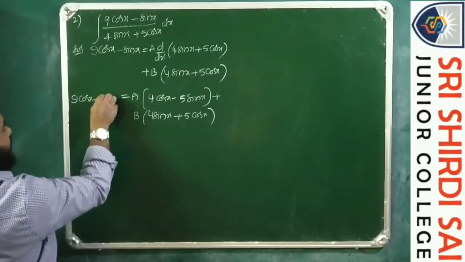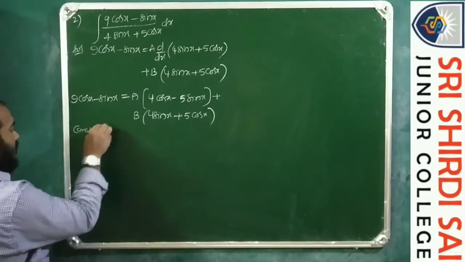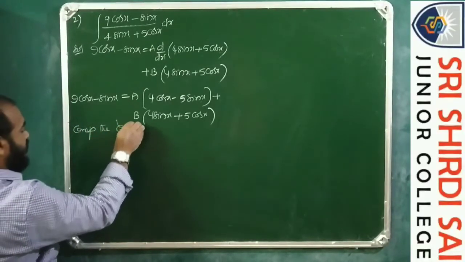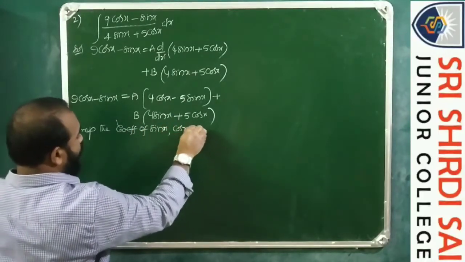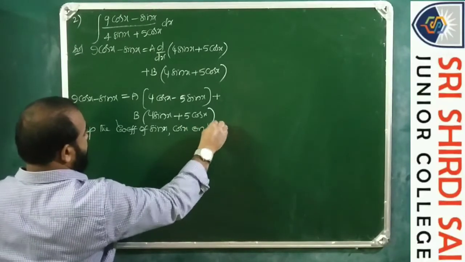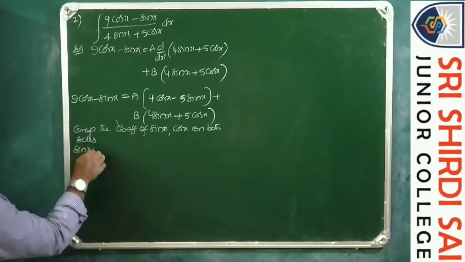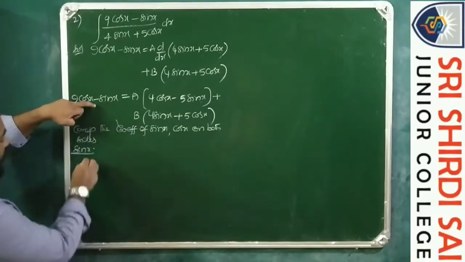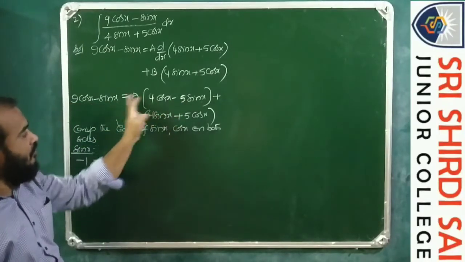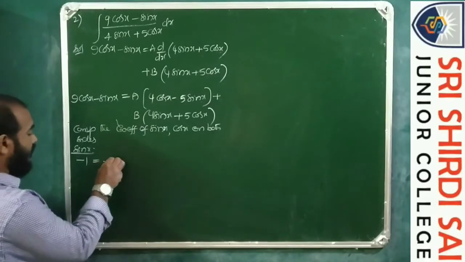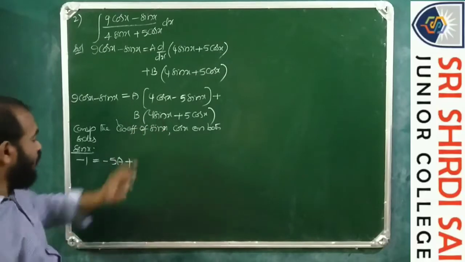So 9 cos x minus sin x is equals to. Now comparing the coefficients of sin x and cos x on both sides. So first sin x coefficient is minus 1 in the LHS. Here minus 5a sin x coefficient is minus 5a plus here 4b sin x coefficient is plus 4b.